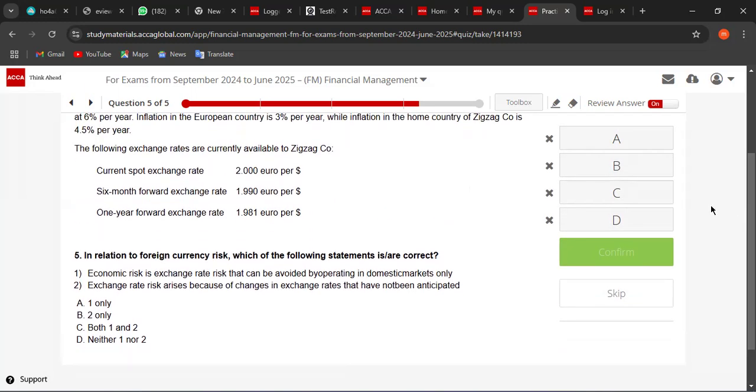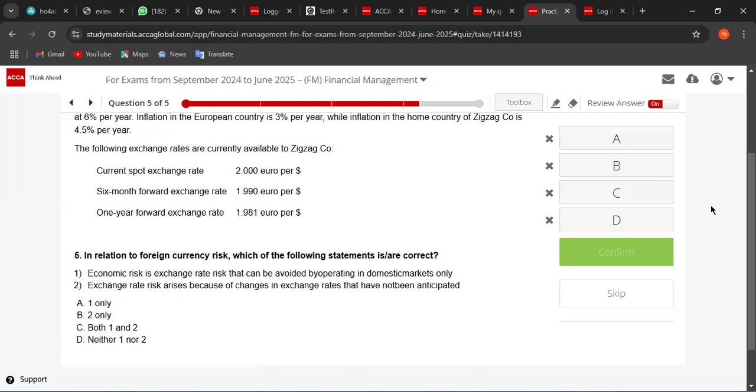In relation to foreign currency risk, which of the following statements is or are correct? Economic risk is exchange rate risk that can be avoided by operating in domestic markets only. No, guys, I told you when we started this session that even if you are operating in your domestic markets, you will still be exposed to economic risk that cannot be avoided.